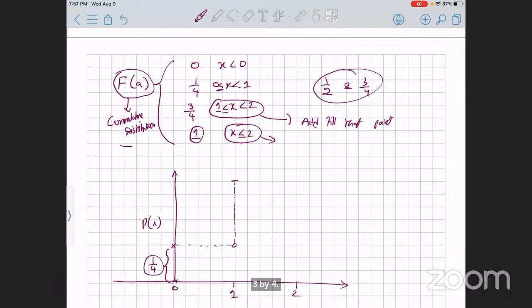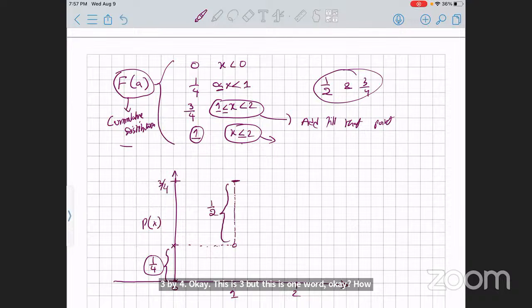But this is 1 by 2. Are you getting this? Yes. It jumped to 3 by 4, and then it continued till X equal to 2.